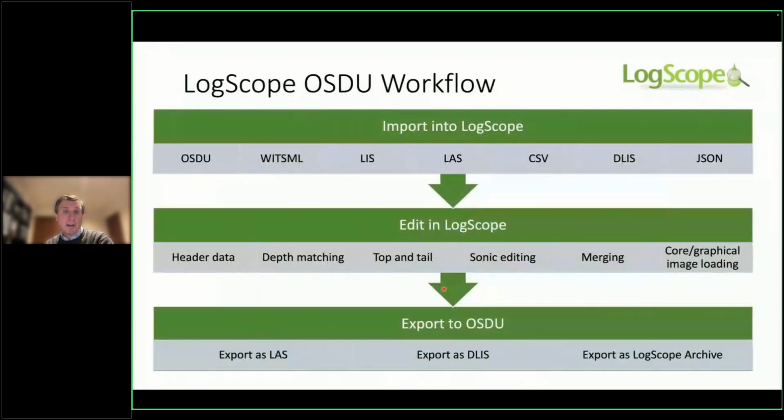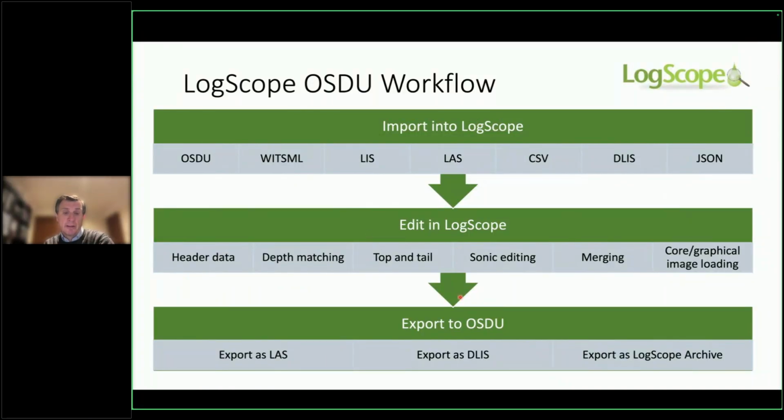Typically, most people like us, when they're doing a petrophysical evaluation, will need to do some work on editing the data, filling in the data, as we said, populating, depth matching, top and tailing, editing the sonic, merging the data together, and doing the core graphical image data. So essentially, you will import the data into your software package.